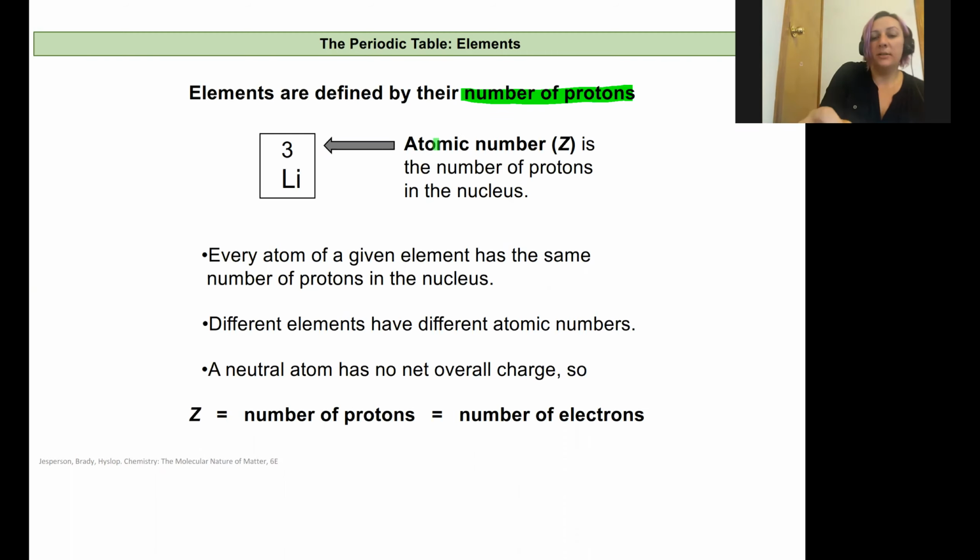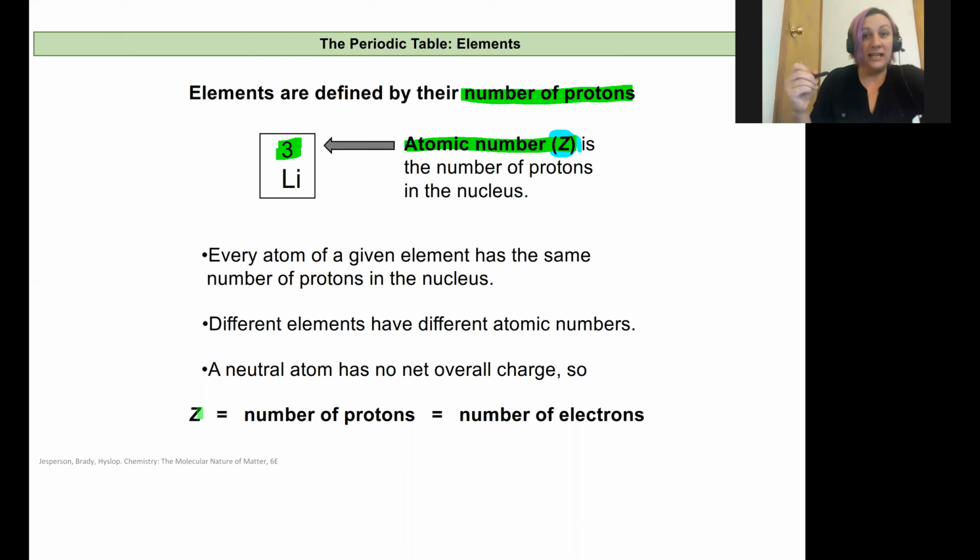And that's always going to be tracked by the atomic number, which we abbreviate to Z. It's typically on the top left, middle, for any periodic table by the element. Every single atom within an element will have that same number of protons within their nucleus. And if you change the atomic number, you change the number of protons and you change the element.